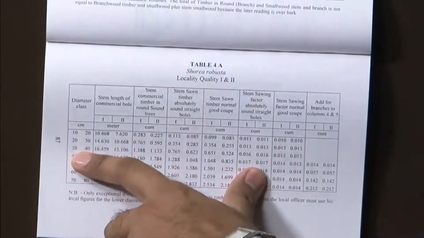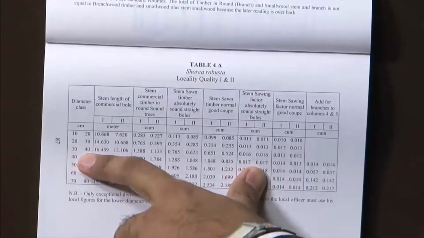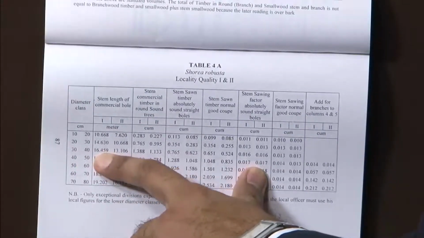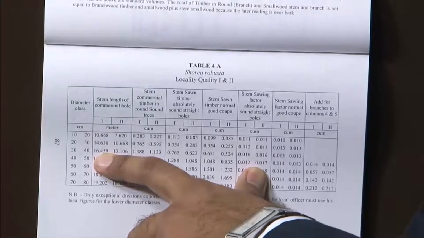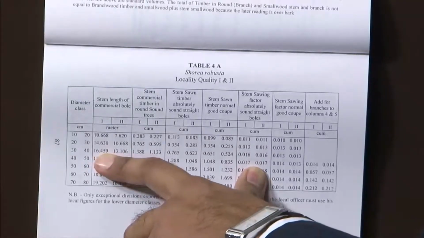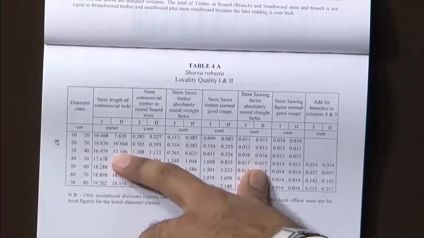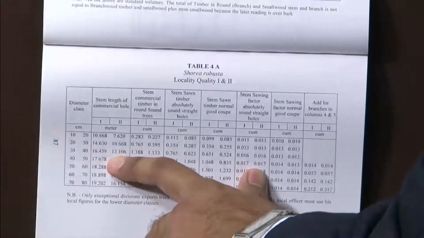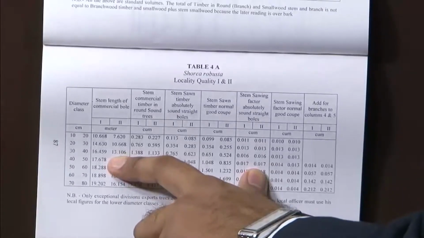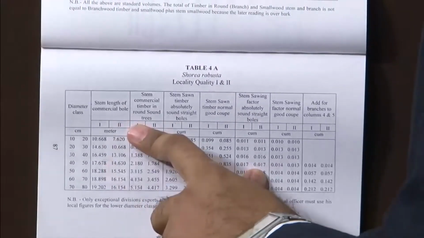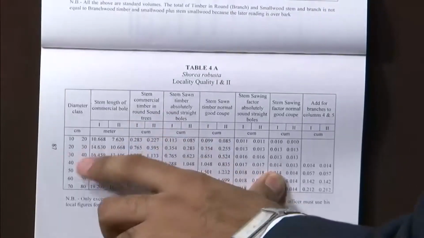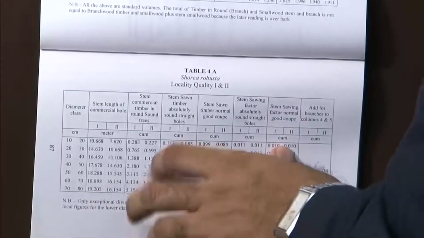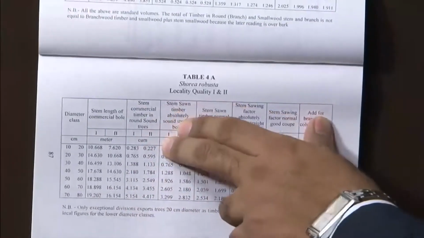If you consider the 30 to 40 centimeter diameter class, in the case of a site 1 quality area, the stem length of the commercial bole will be 16.46 meters, but in the case of site 2, it will reduce from approximately 16.5 to 13.1. So, the length of your commercial bole will reduce. Essentially it tells you how much is the length of your commercial bole, that is the point till which you will perform your cutting operations.